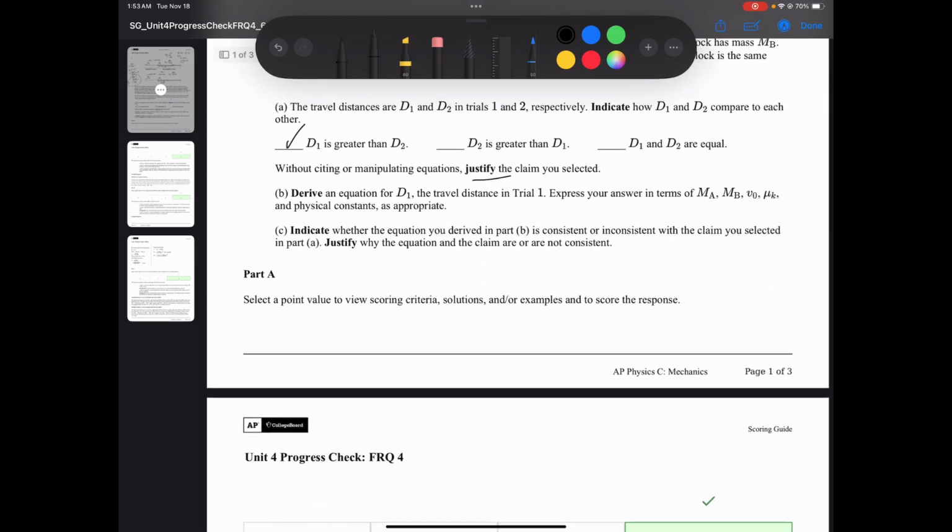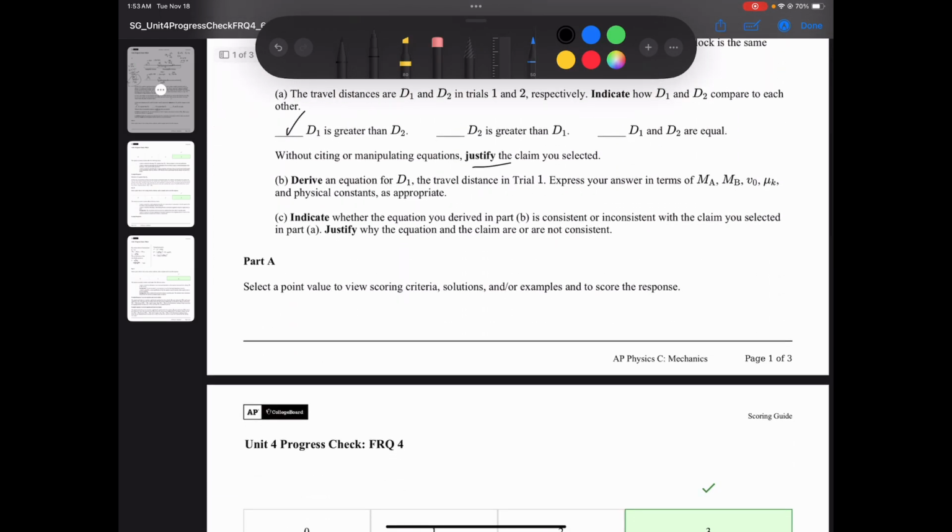And then C: indicate whether or not the equation you derived in part B is consistent or inconsistent with the claim you selected in part A, and justify why.